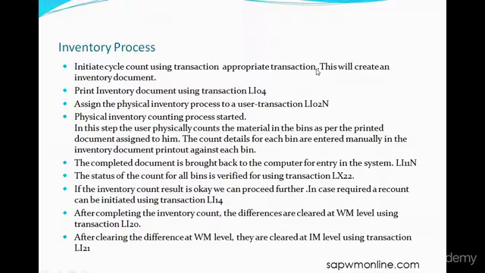For example, for cycle count it would be LX26, for annual inventory it would be LX15, and for continuous inventory it will be LX16. Depending on what inventory process you have chosen, we would use the appropriate transaction. But that's about it; this is the only place where the inventory procedures differ.